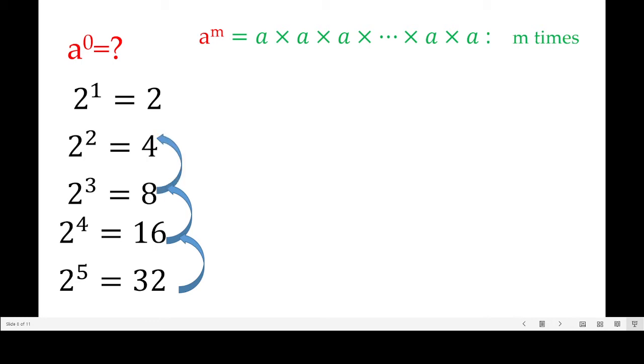And we can continue. 8 divided by 2, we have 4. 4 divided by 2, we have 2. And the last one, yes, 2 divided by 2 is equal to 1. So it's interesting, yes?